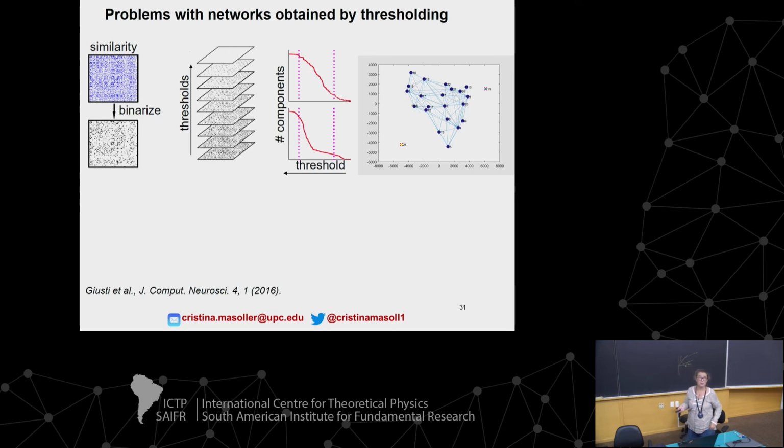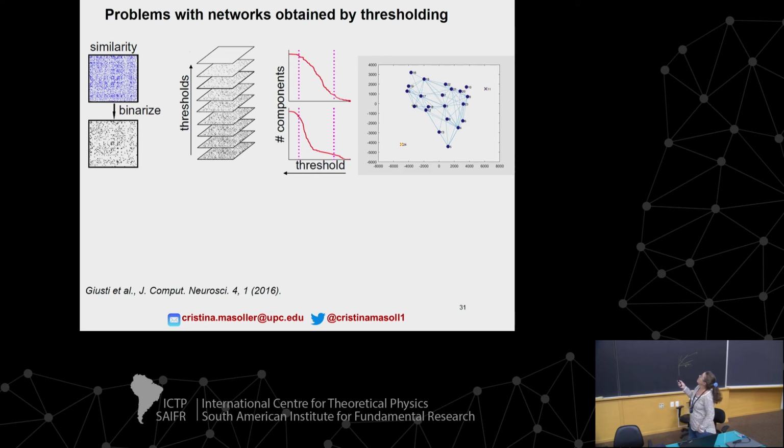Everybody's connected to everybody, and the number of components is basically 1. If you start removing links because you increase the threshold, the number of components increases. If you put a threshold that is very high, you end up with disconnected nodes, each of them being a component, so you have a large number of components.